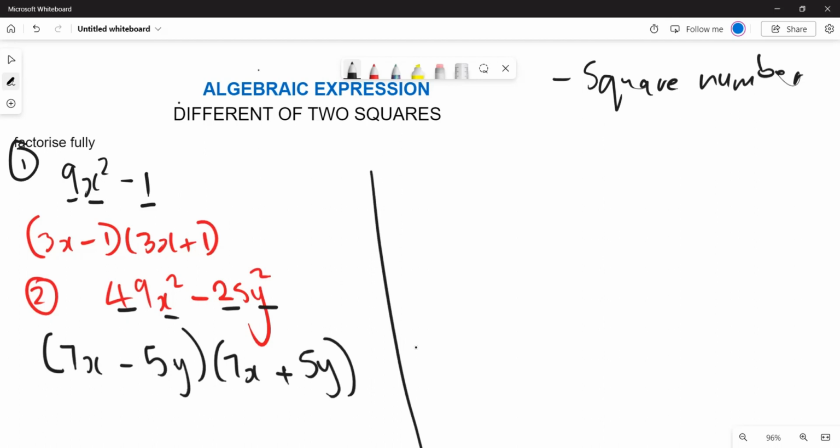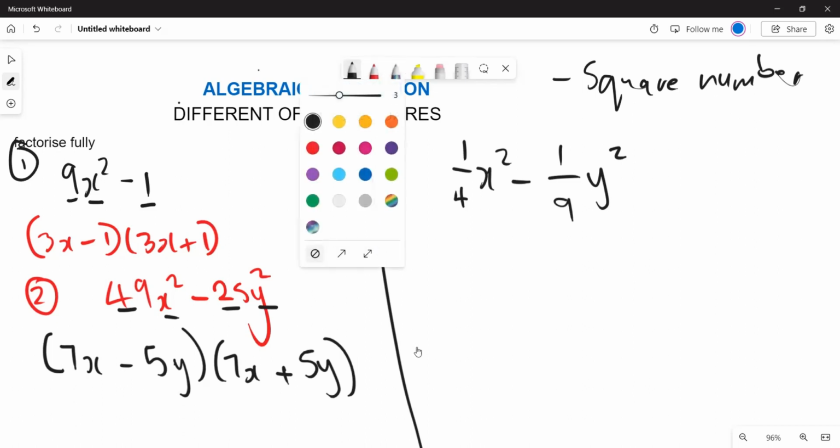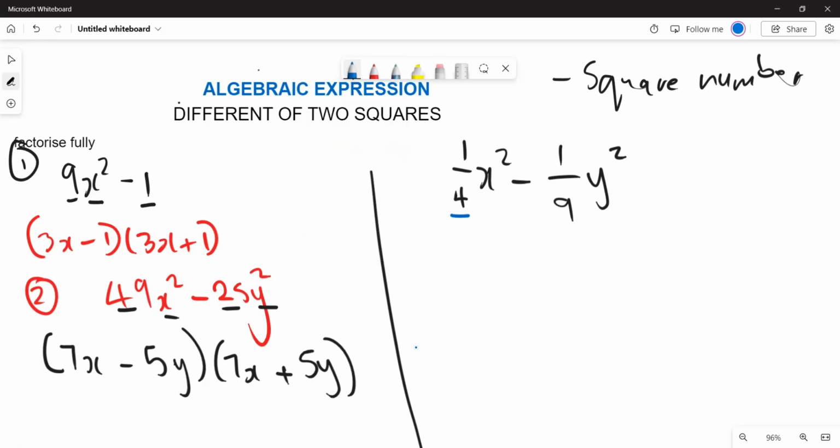Now let's check another one. Let's say you are given 1 over 4x squared subtract 1 over 9y squared, right? So what are you going to do? Even here, these are still square numbers. 1 is a square number and 4 is a square number, and similarly 1 is a square number and 9 is a square number.